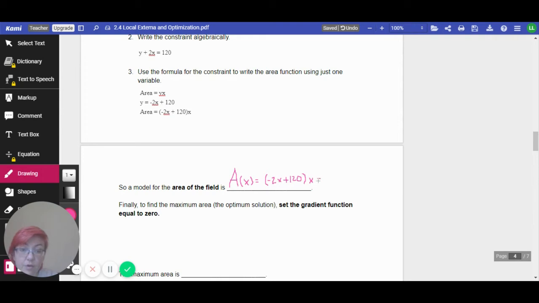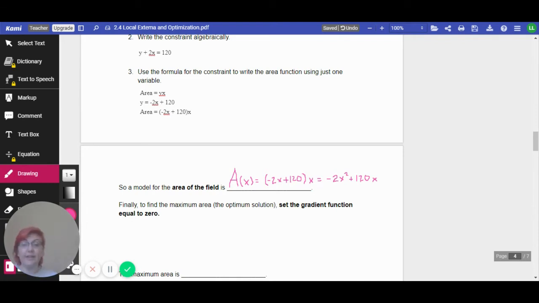Or we could write it as negative 2x squared plus 120x. And I simply got that from distributing that x across the function.